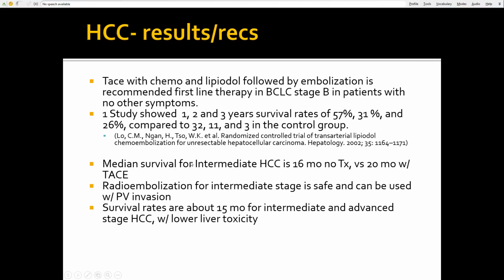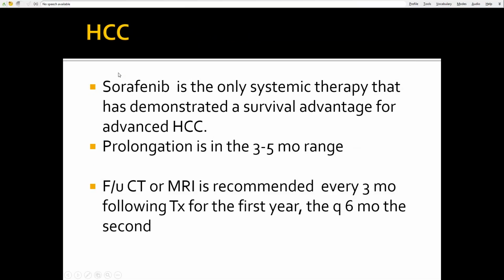Other data you might be interested in is that radioembolization can be well utilized and tolerated for HCC, and you get lower liver toxicity sometimes with radioembolization. Another agent that's utilized is sorafenib, which you'll hear about in the literature and is spoken about by medical oncologists.